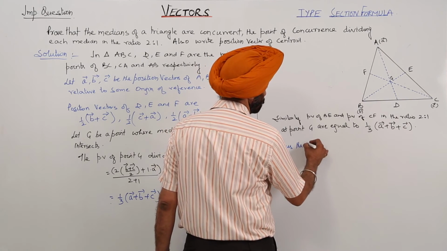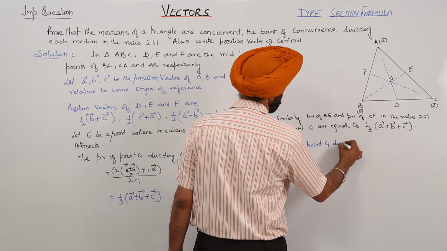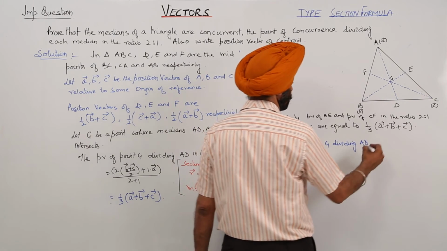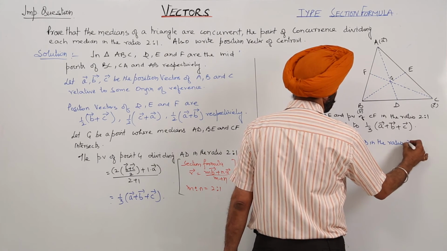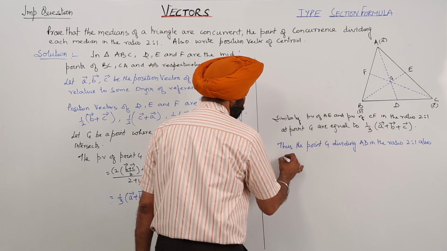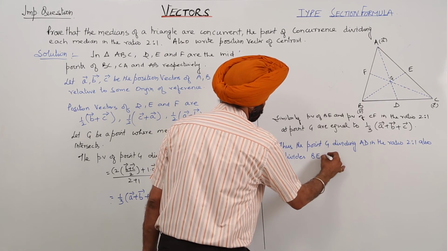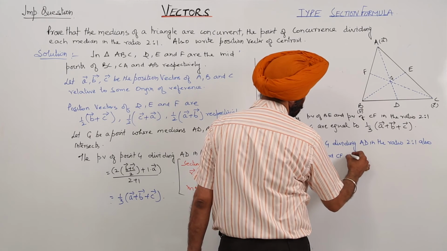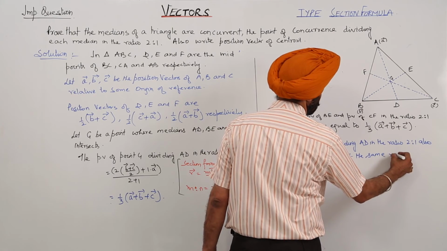Thus, the point G dividing AD in the ratio 2:1 also divides BE and CF in the same ratio.